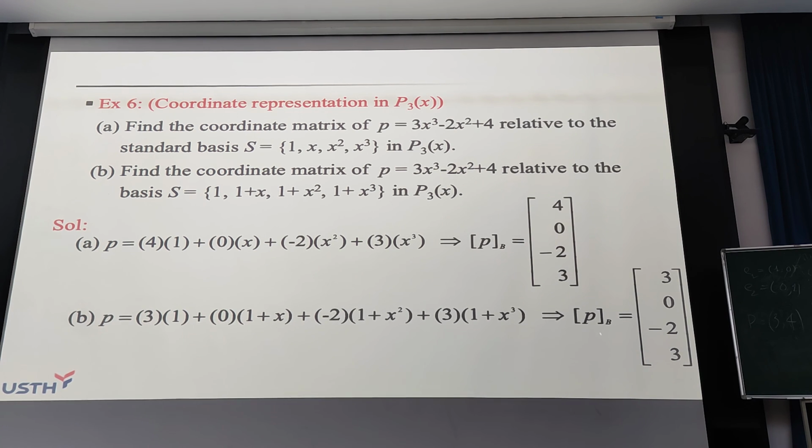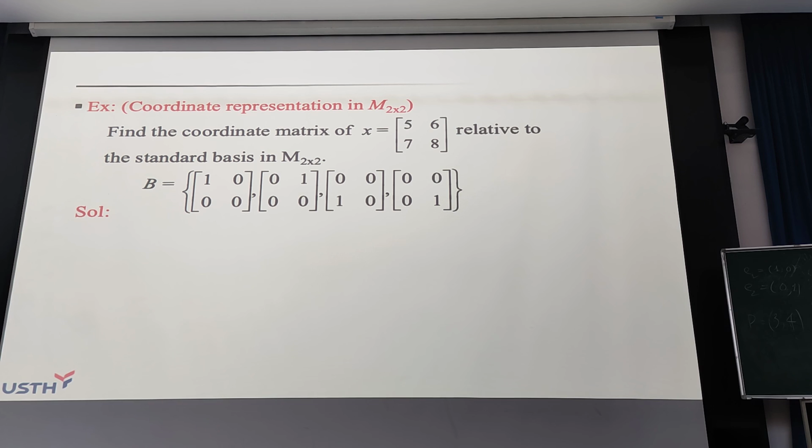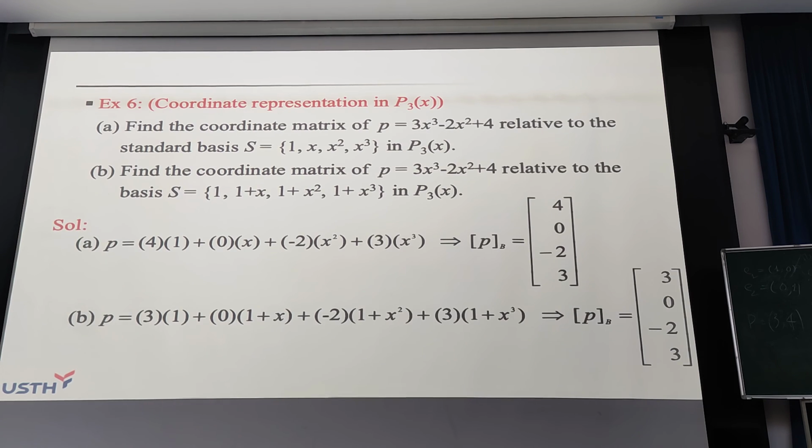You get the coordinate of P relative to B prime with B, that one. Because if you multiply them together, you get that thing. However, if you need to find the transition matrix, you can get the same coordinate like that, and you can try it at home, or you can try it during the tutor class.